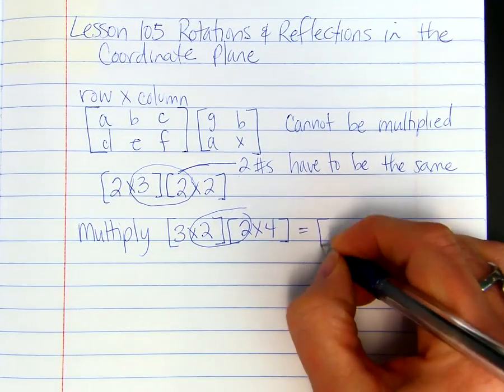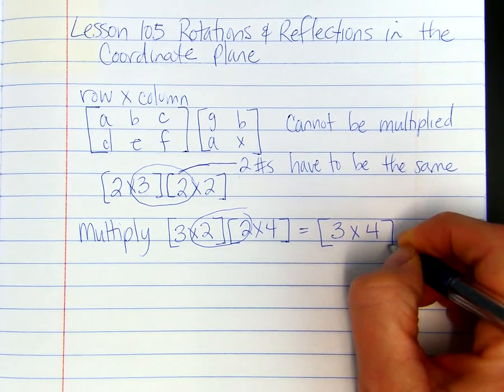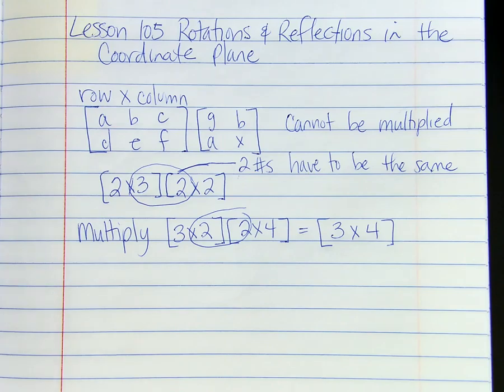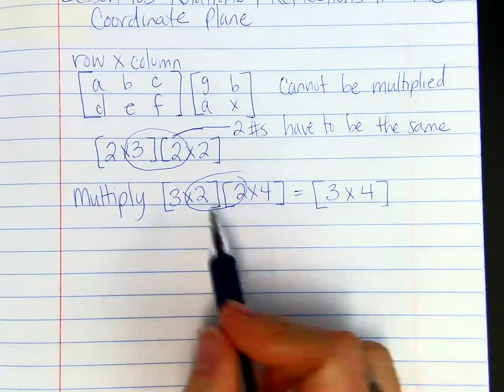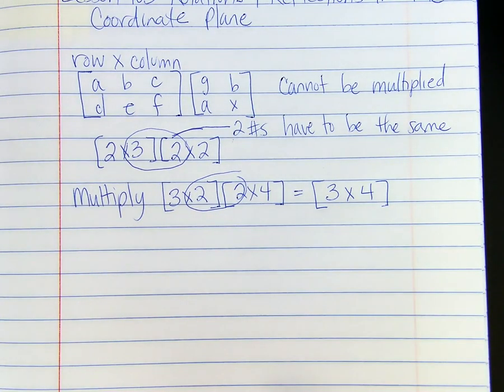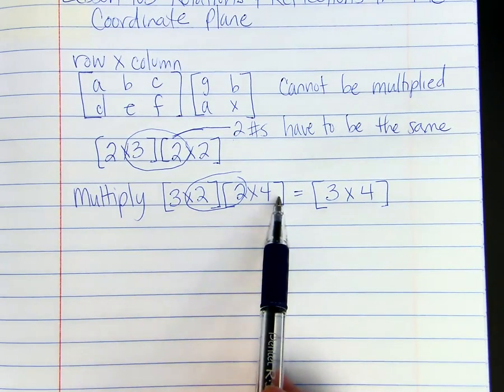And the answer would be a 3 by 4. So if these two are the same, you can multiply them, and your final matrix will be 3 rows, 4 columns.